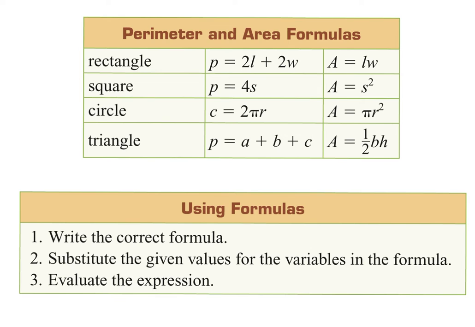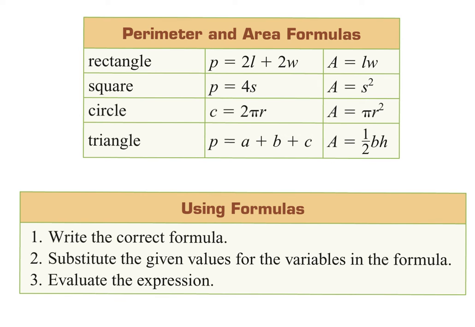But perimeter just means distance around. So when you have a rectangle, you're going to add your two widths and your two lengths. So the formula for the rectangle looks like 2L plus 2W. That is the distance around. Area, however, is if you were to shade it all in. That is length times width.